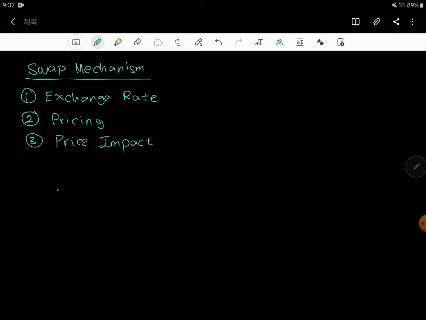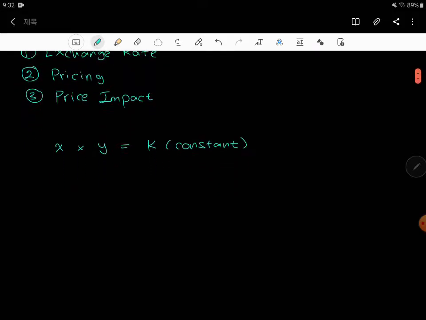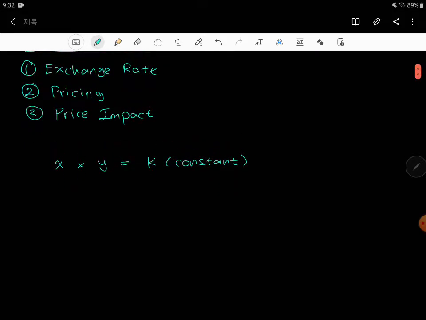So the constant function is x times y equals k, which is constant number, right? Okay. And the exchange rate is simply x over y or y over x.